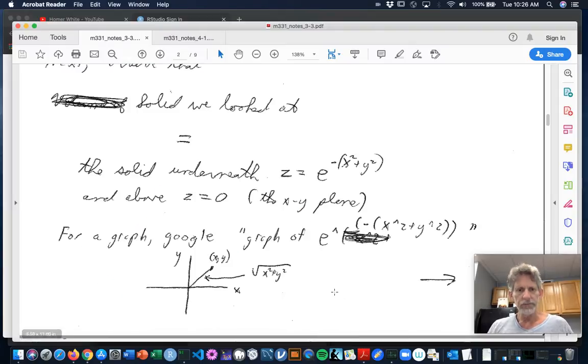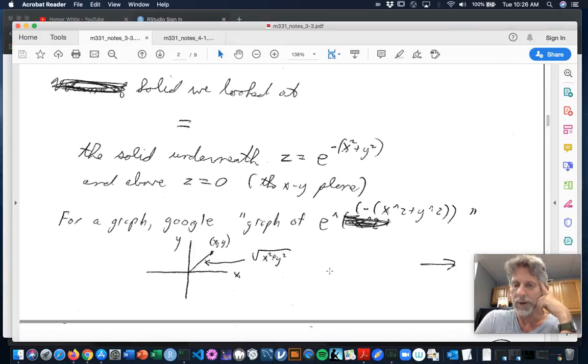Alrighty, and if you want to be a bit more mathematical about it, you think about here's the xy plane, and you imagine the z-axis coming straight out of the page towards you. And if you've got a point in the domain, it would have coordinates x, y, and its distance to the origin would be the square root of x squared plus y squared, right?